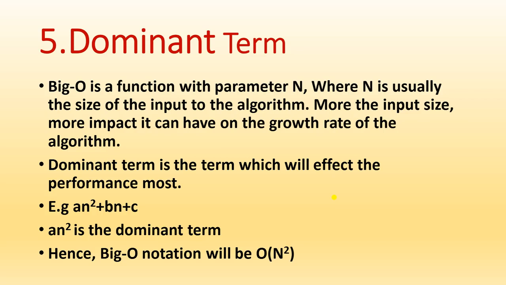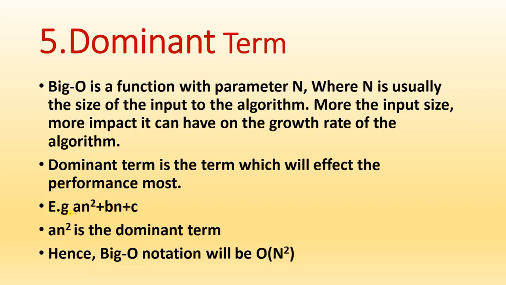For example, here a n square plus b n plus c. So in this example, this a n square is the highest one, so it is the dominant term.